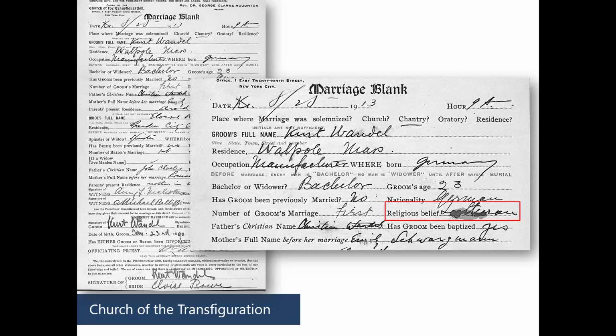So we are finding out that in this case, Kurt, his religious denomination, he identified as Lutheran. The Church of the Transfiguration is an Episcopal church. Yes, it's both Protestant, but when asked his religious denomination, he said he was Lutheran, and just below that, you will see that he had been baptized as such.